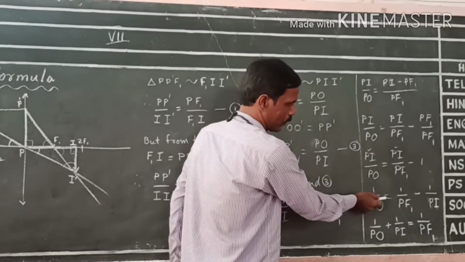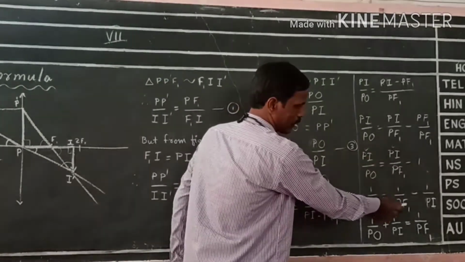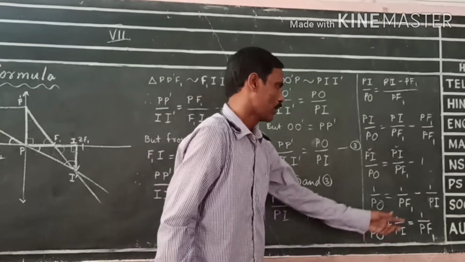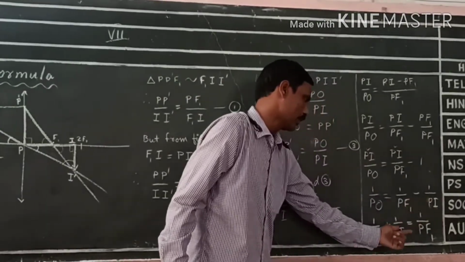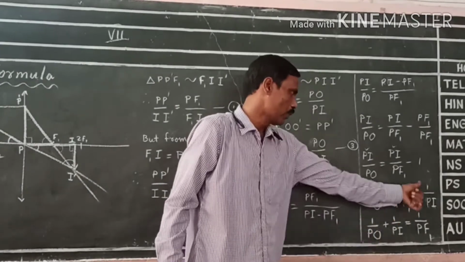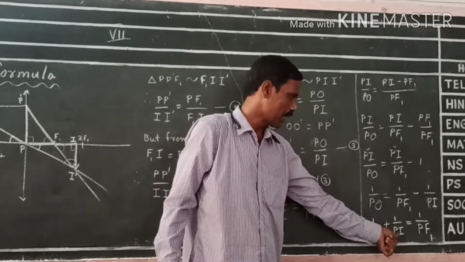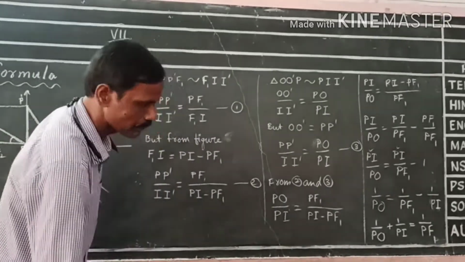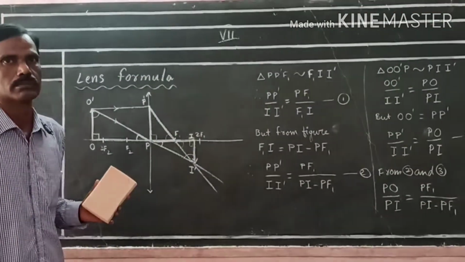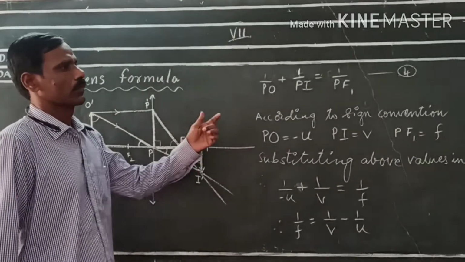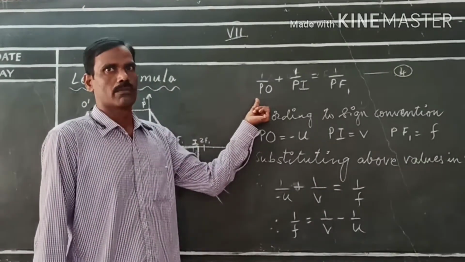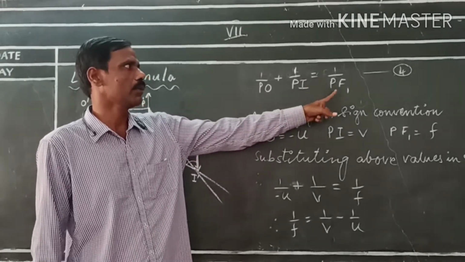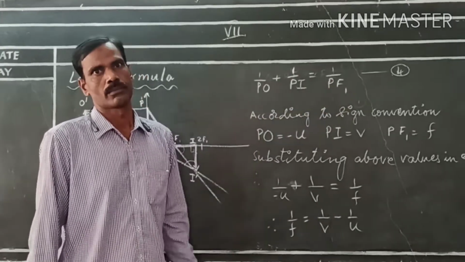So 1/PO is equal to 1/PF1 minus 1/PI. Bringing 1/PI to the left-hand side, 1/PO plus 1/PI is equal to 1/PF1.